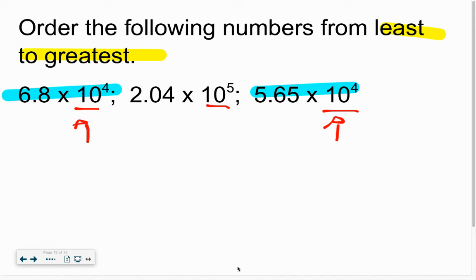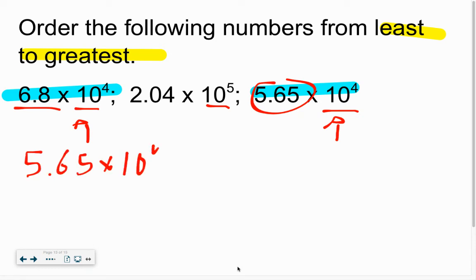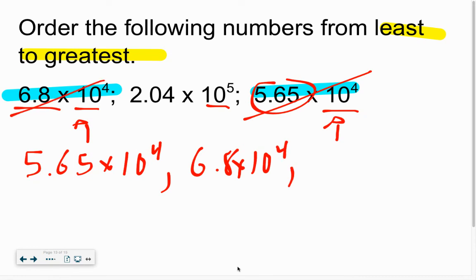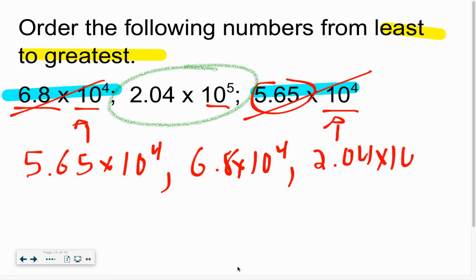And since 5.65 is smaller than 6.8, we could put them in order. 5.65 times 10 to the 4th. It's this guy. 6.8 times 10 to the 4th. And this larger exponent here, larger power of 10, makes it the largest and the last. 2.04 times 10 to the 5th.